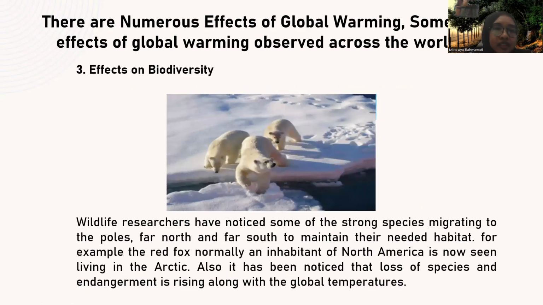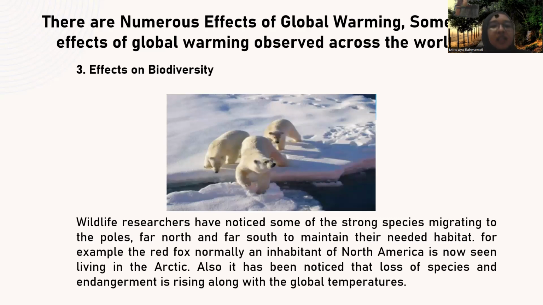Okay, and number three, effect on biodiversity. Wildlife researchers have noticed some of the strong species migrating to the poles, far north and far south, to maintain their native habitat.